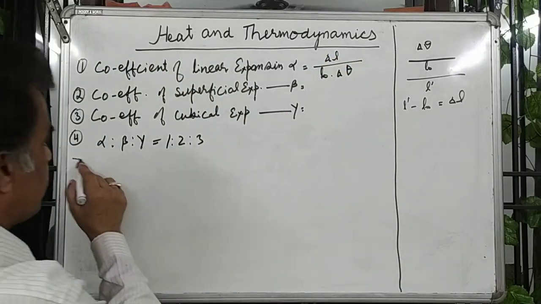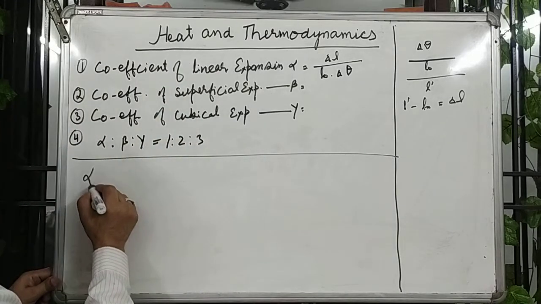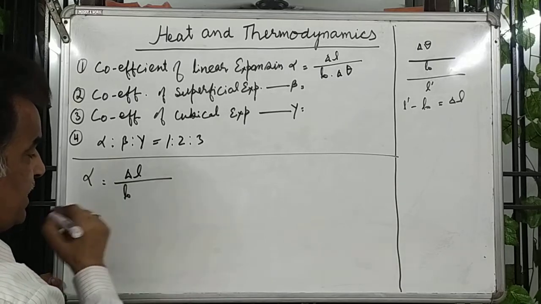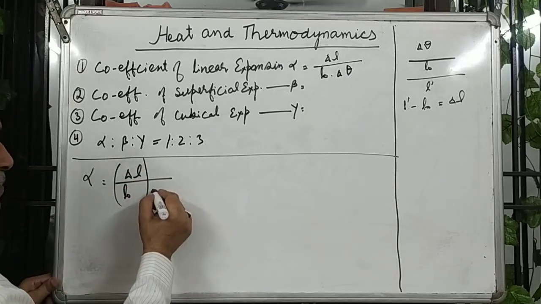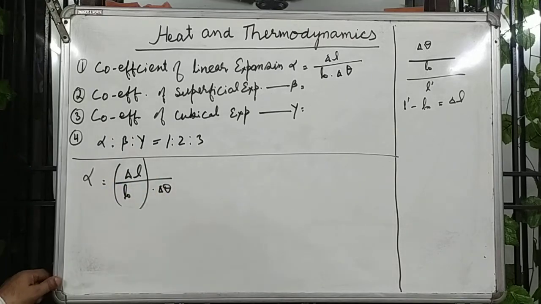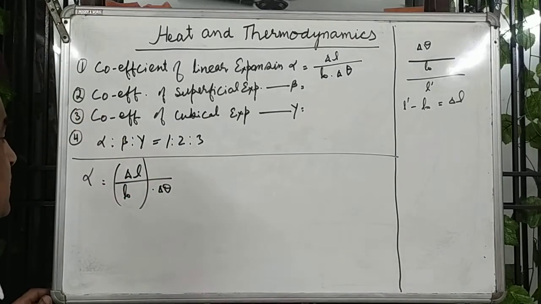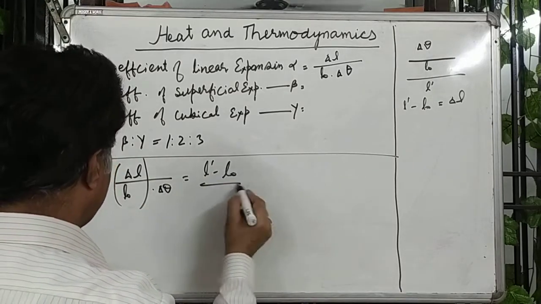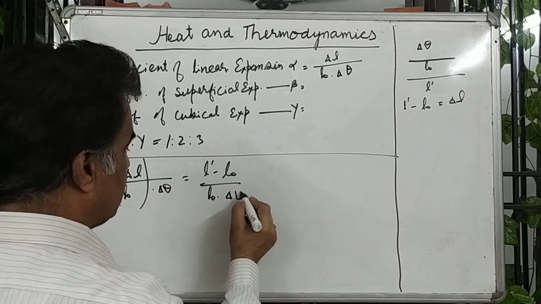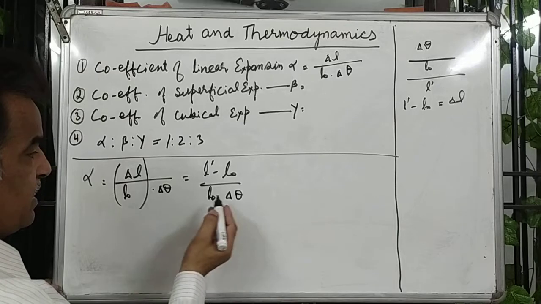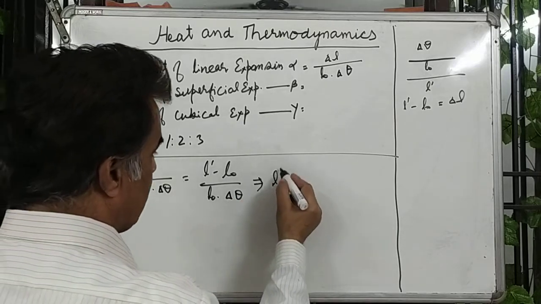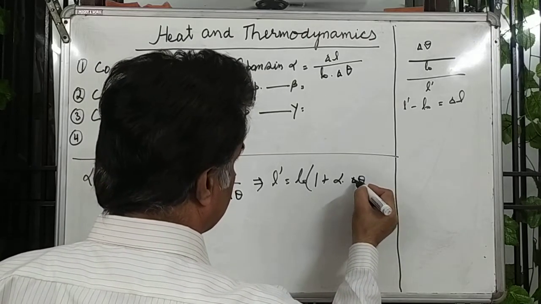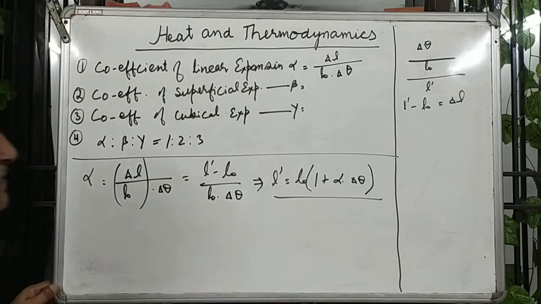This is the change per unit length per unit change in temperature. This is alpha. And further you may write, L dash minus L naught upon L naught into delta theta, and this implies L dash equals L naught into 1 plus alpha into delta theta.